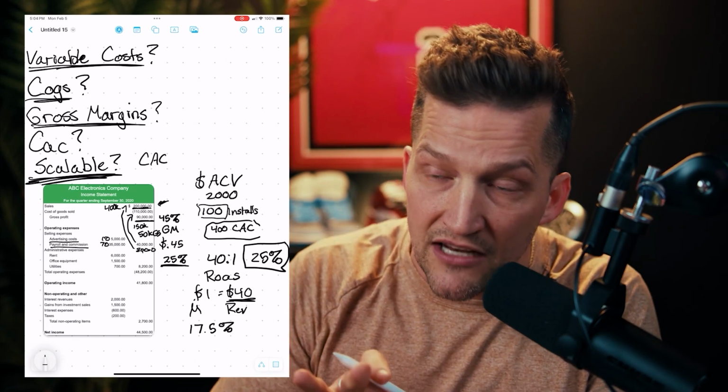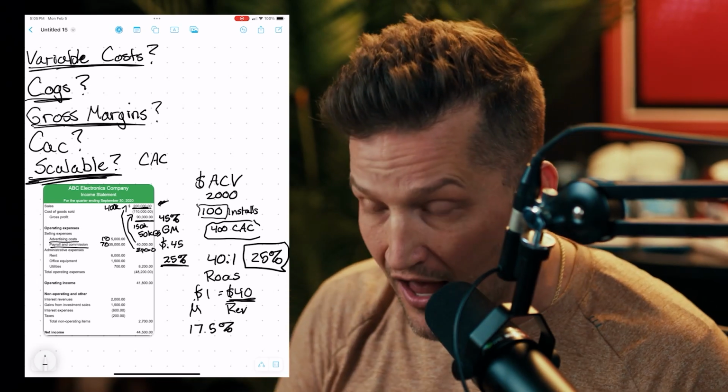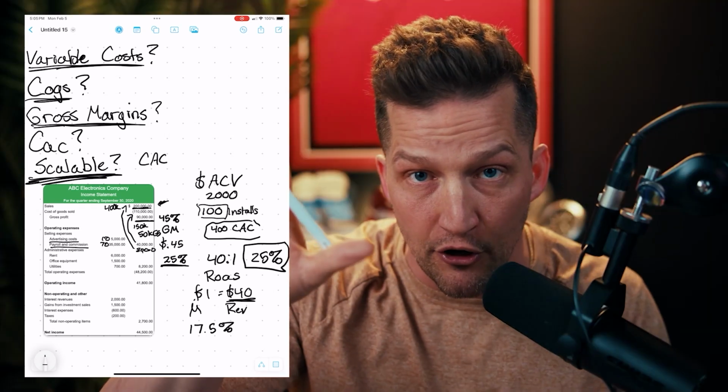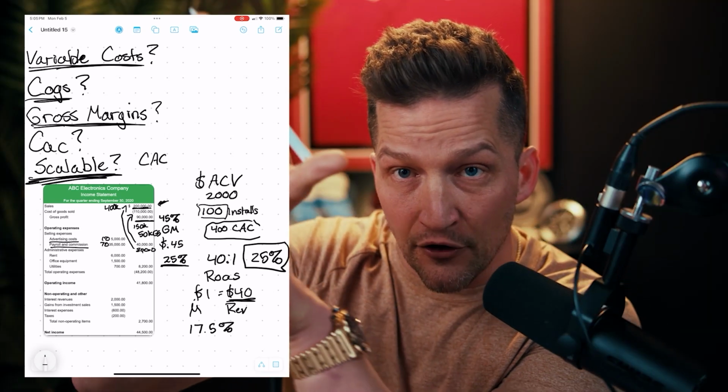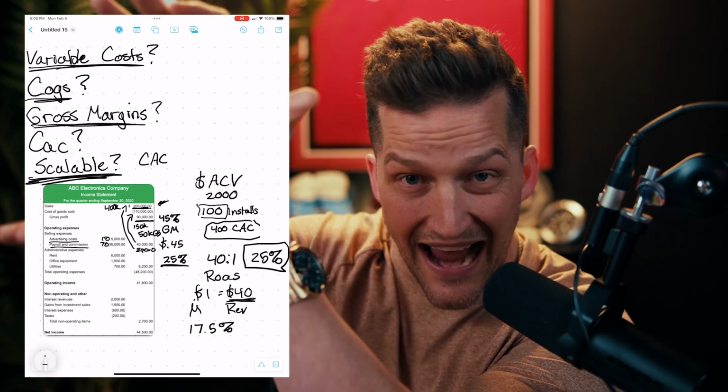And as long as I stay on top of those things and I control them, this is the reason why you have a controller. This is your job as the CEO and founder to really monitor and make sure that none of these expenses go out of line. And so as you increase revenue, expenses either increase at the same percentage of that revenue, or they actually decrease, where you get economies of scale.